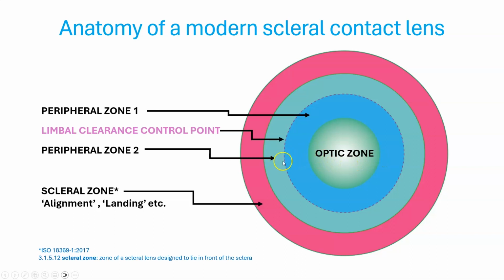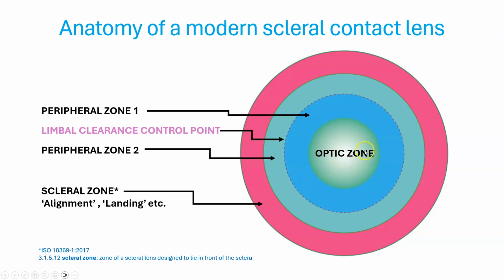So I can move the clearance at the limbal point up and down without changing the optic zone. And that's a very good reason for having at least two peripheral zones surrounding the optic zone before I get to my scleral or landing zone. There it is.